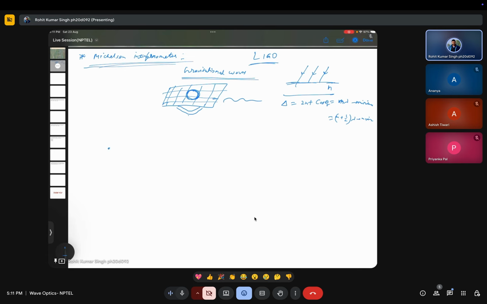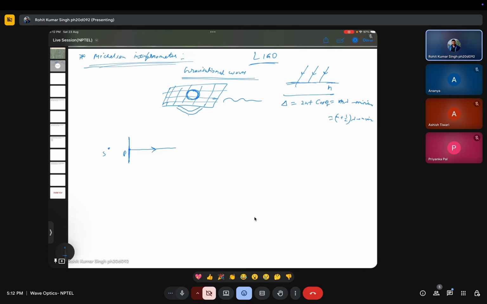Suppose you have a point source, and then you can have a glass plate like this, to get an extended light source. Let's call the middle point P. Suppose there is a light ray coming from this source like this.